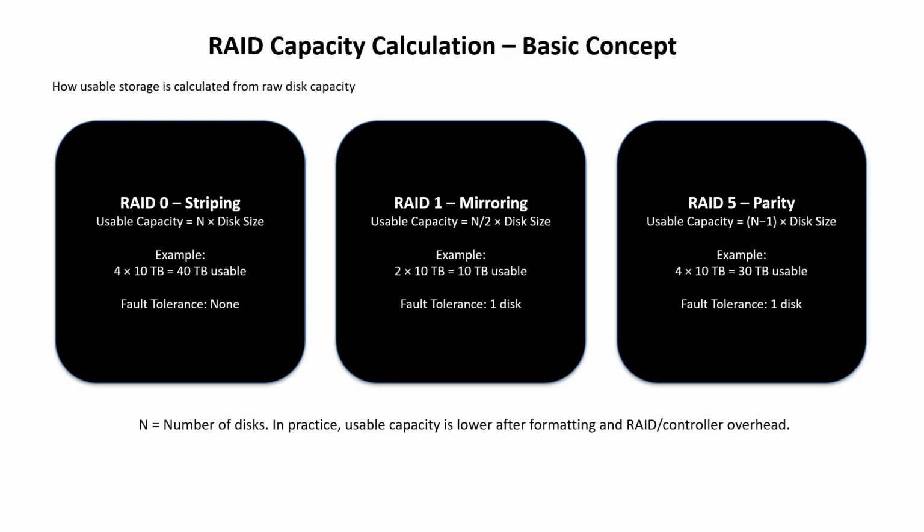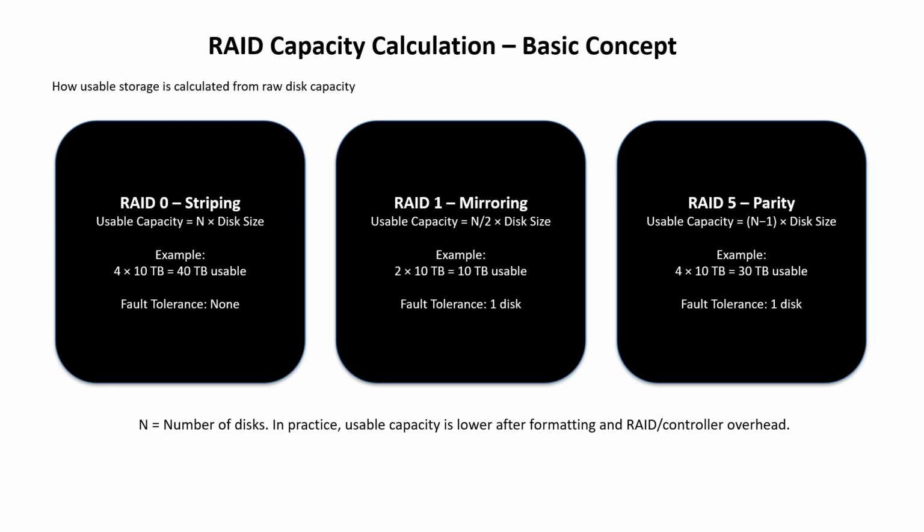So RAID 0 is mainly used where performance is important and data protection is handled separately. I'll repeat once again, RAID 0 is mainly used where performance is important and data protection is handled separately.